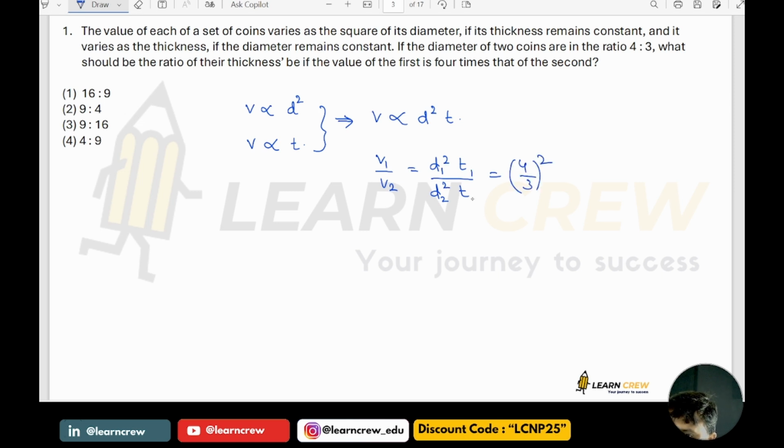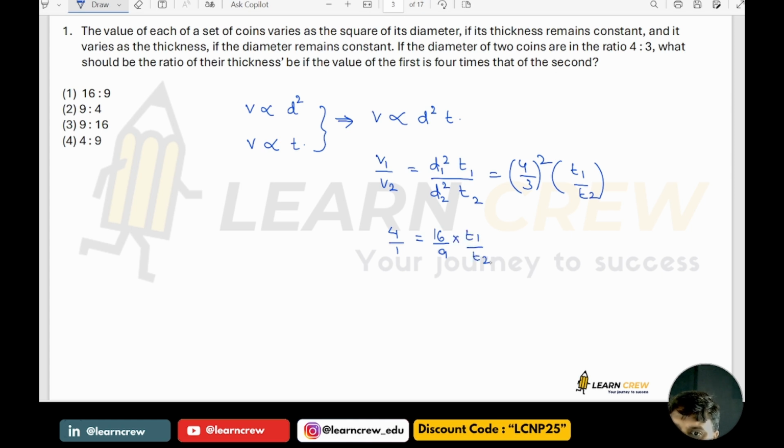And the T1 by T2 ratio we need to find out. And V1 by V2, what is given here? The value of the first is 4 times that of the second. So 4 by 1 is equal to 16 by 9 into T1 by T2.